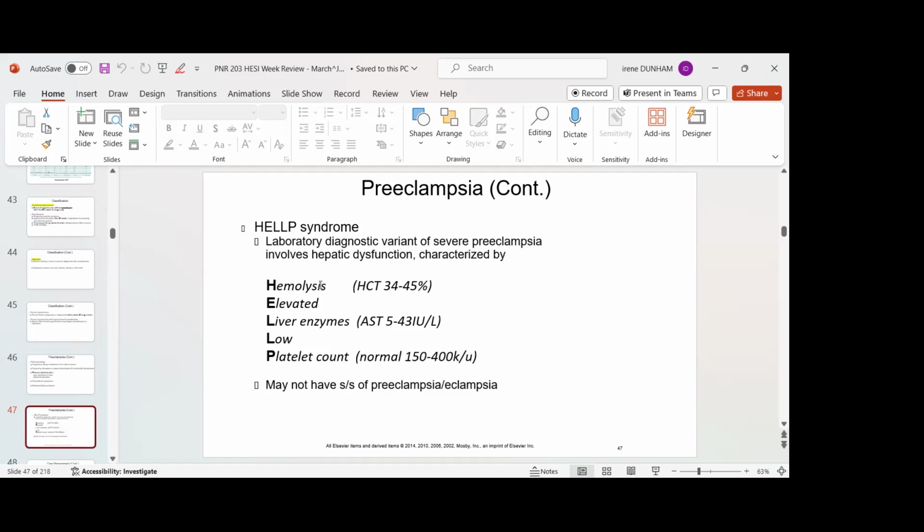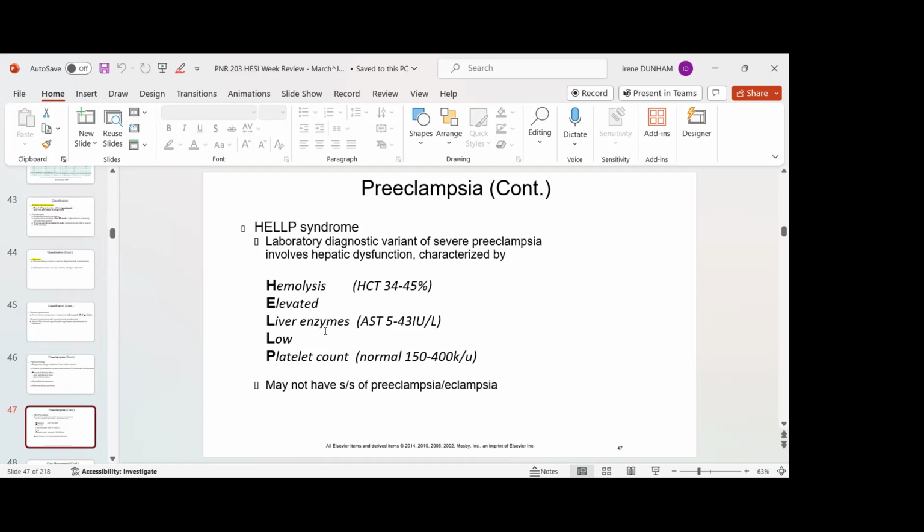It's a mnemonic for H stands for hemolysis, which is destruction of red blood cells. You have elevated liver enzymes. When you get epigastric pain, the liver enlarges. And that's usually the pain that she'll point to on her right side, right underneath her right breast, and say, I got this pain. They're really getting worse when they get epigastric pain. And then they can have low platelet count.